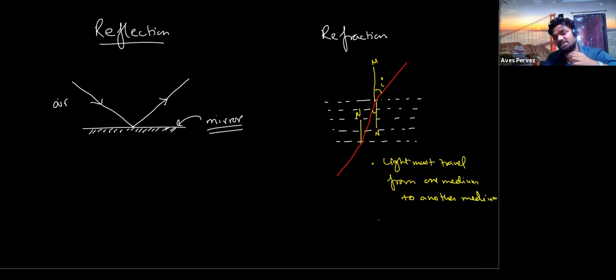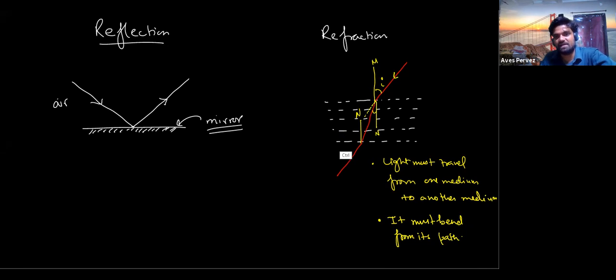The second condition is that it must bend, either away from the normal or towards the normal. It is sufficient that light must bend from its path. If the light were continuously traveling in this medium, it could have passed straight, but actually it bends from here to here.